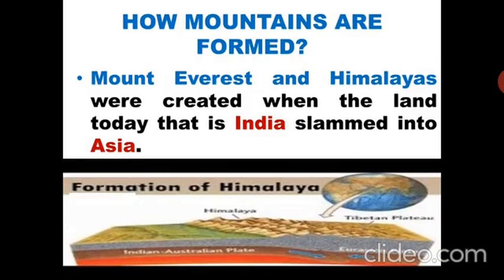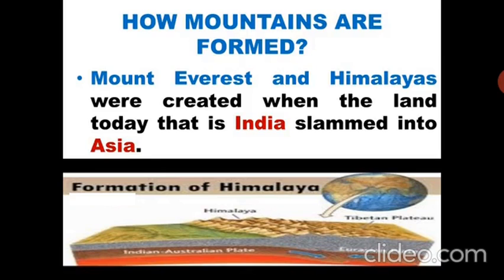We will understand how it happens with the help of this picture. What does slam mean? Slam means when we shut something forcefully or loudly, a door, a window, or a lid. That is known as slammed. So Mount Everest and the Himalayas were created when the land India was pushed very forcefully into Asia.